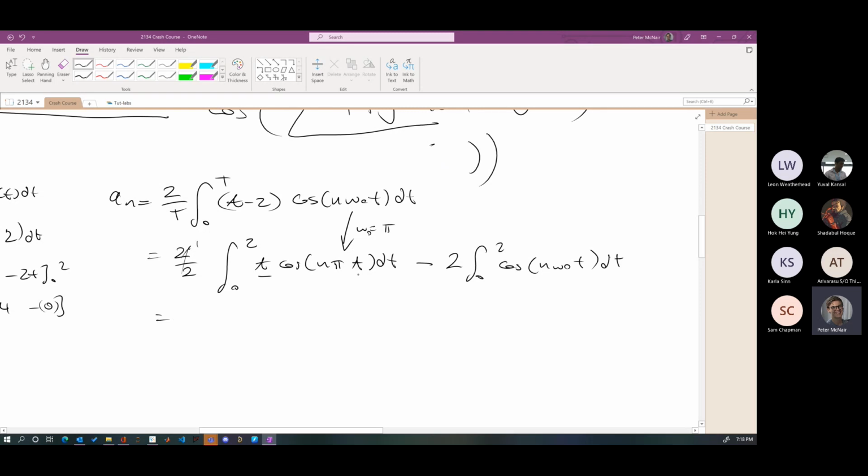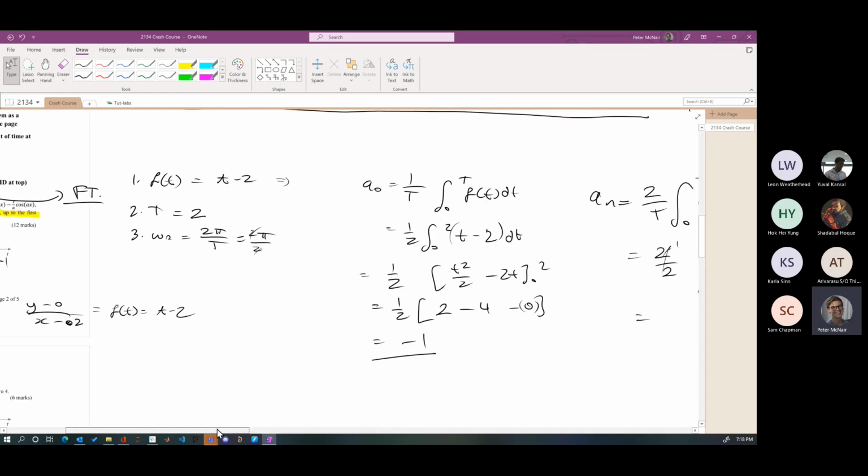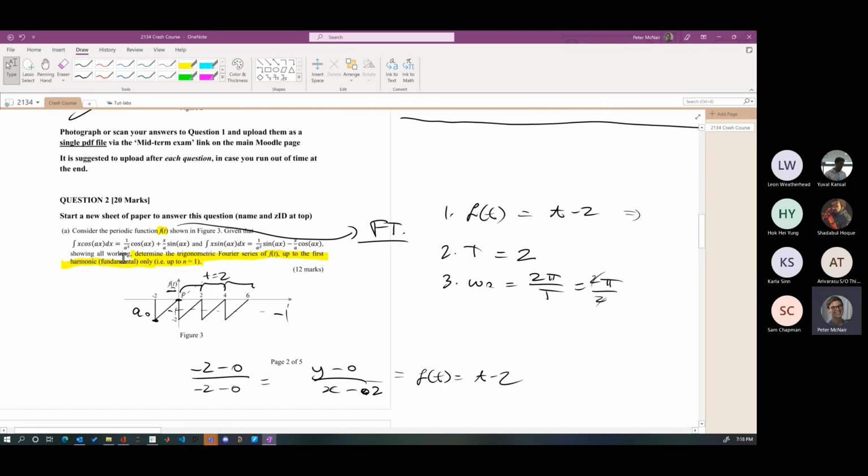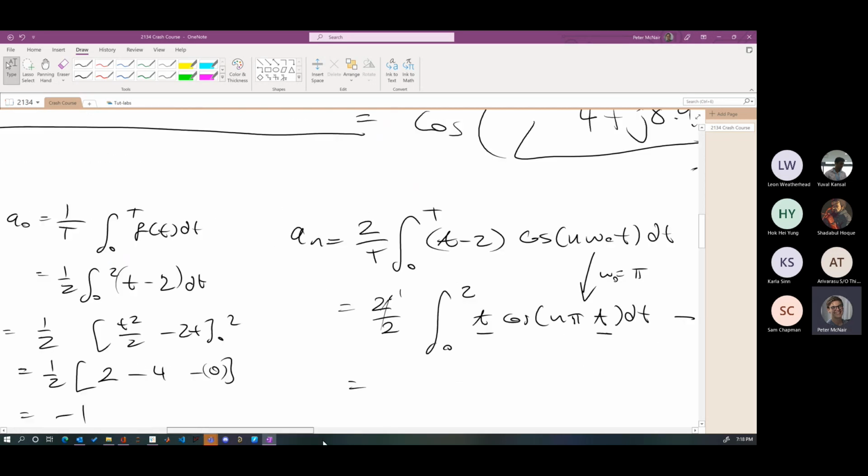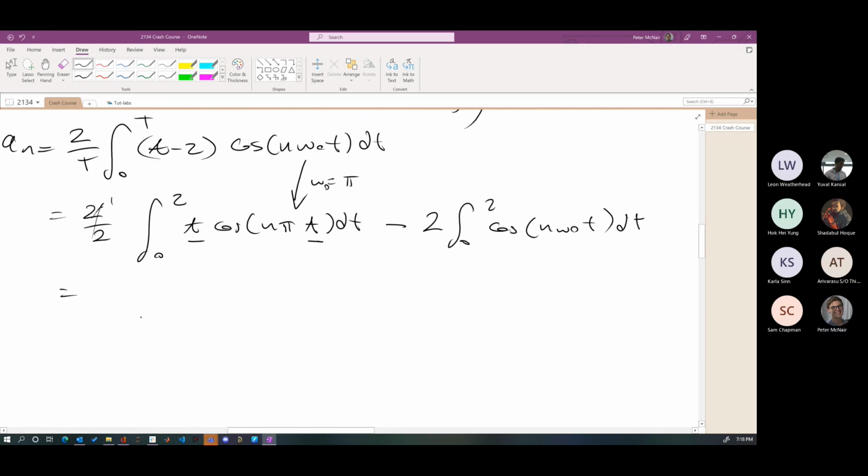Here, this t cos of n pi t, we actually get told how to integrate at the start. It's x cos ax. So let's use that one here. So 1 on n pi squared cos of n pi t plus t on n pi sine of n pi t.